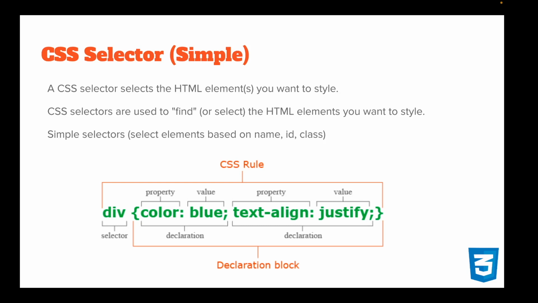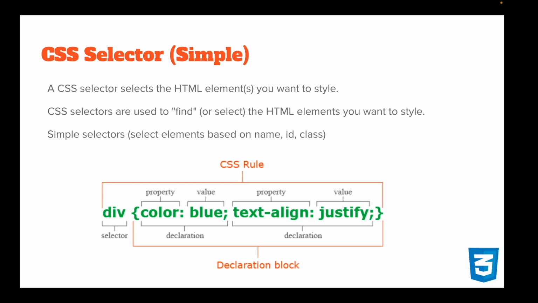The style attribute is available on all elements. Using the style tag, you are supposed to be able to use code to target an element, and that's called a selector. What's on the screen right now is a selector. That's the div.